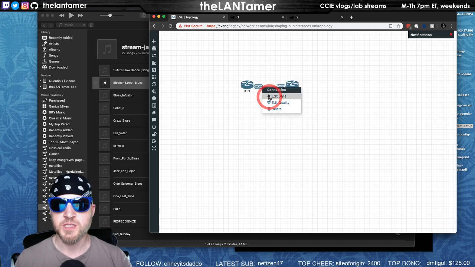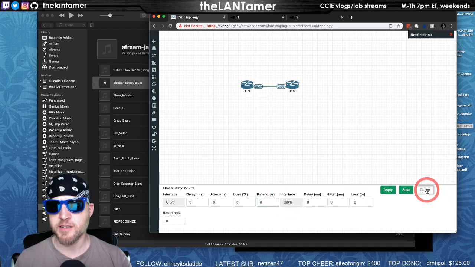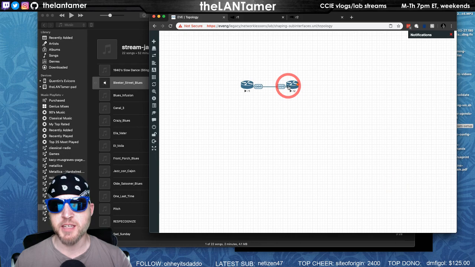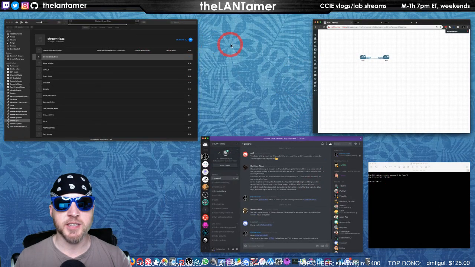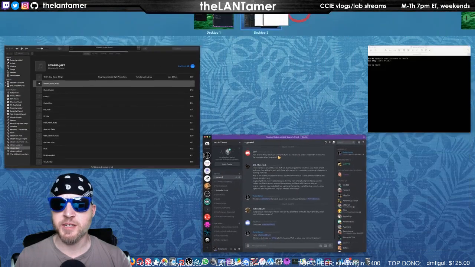This is EVE-NG Pro, so I can actually edit the quality and change the rate, which I have not done yet. Let's change this up from what I originally planned. So I'm going to move this into the main screen here.